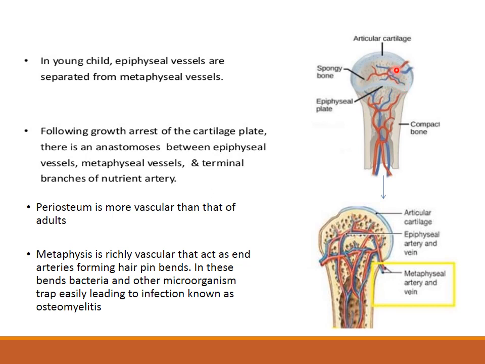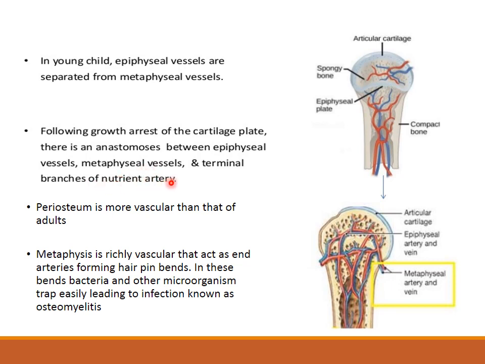They are not going to anastomose with the metaphyseal artery and branches of the medullary arteries below, or inner to, that epiphyseal cartilage because of the presence of this cartilage. So the anastomosis between the epiphyseal vessels, metaphyseal blood vessels and the terminal branches of the nutrient artery is completely absent.